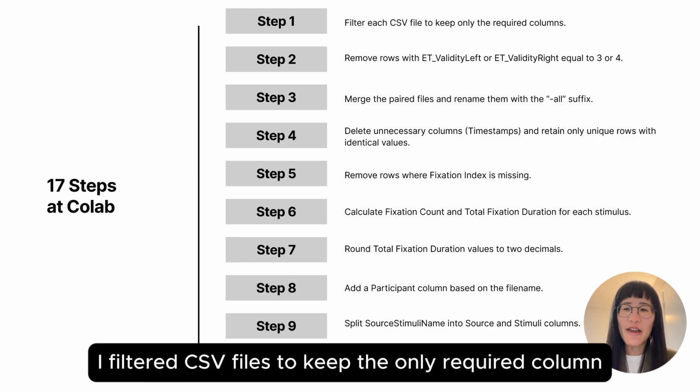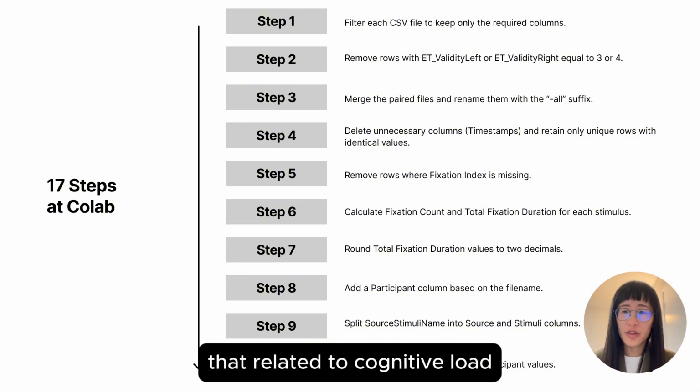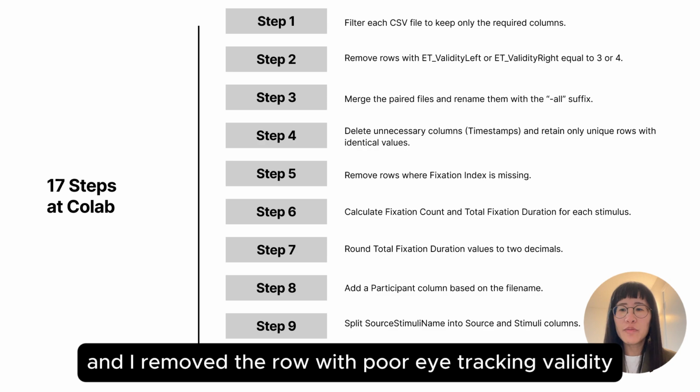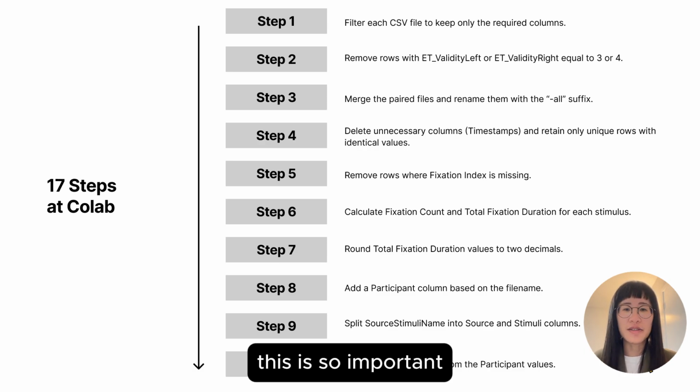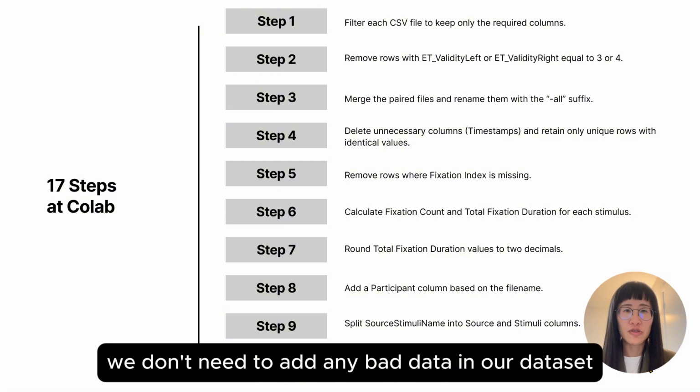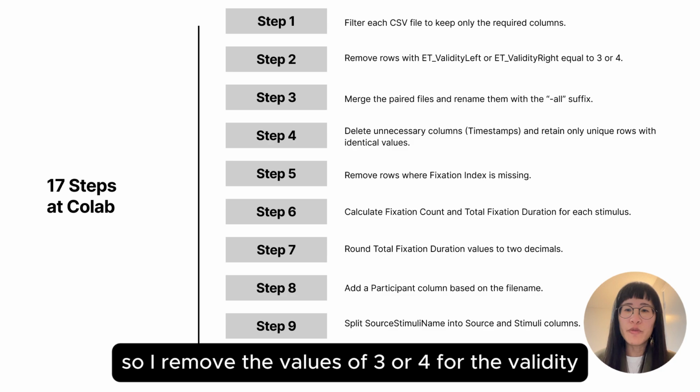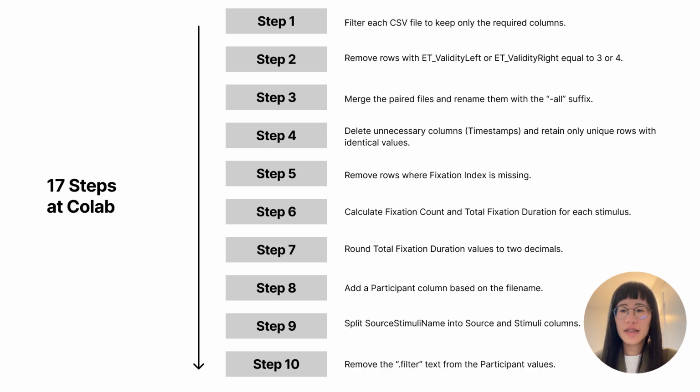Like the first one, I filtered each CSV file to keep only the required columns related to cognitive load. And I removed the rows with poor eye tracking validity. This is so important. We don't want to add any bad data to our dataset. So I removed the values of 3 or 4 for the validity.